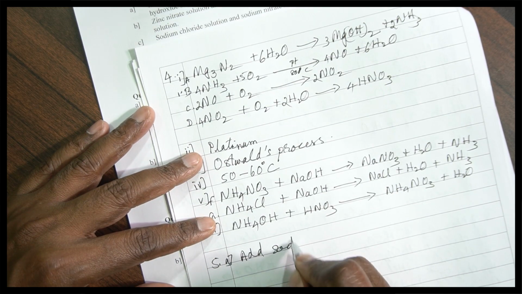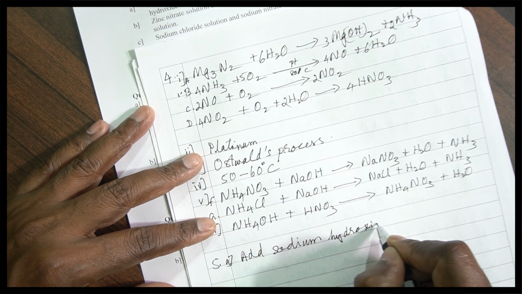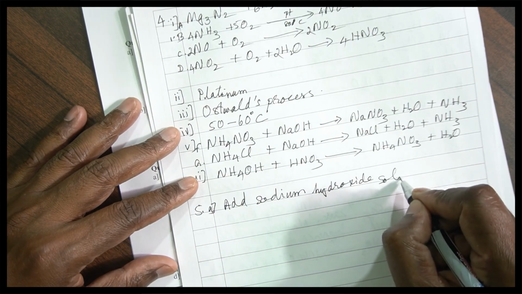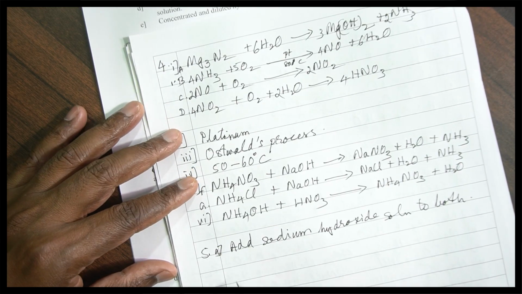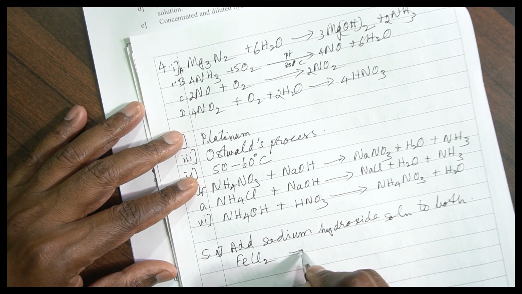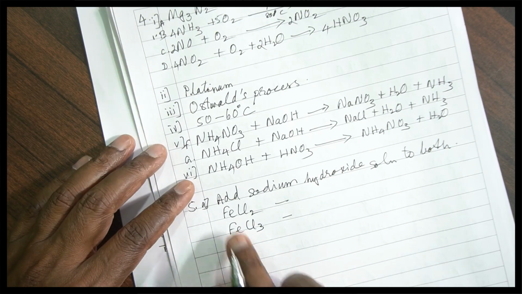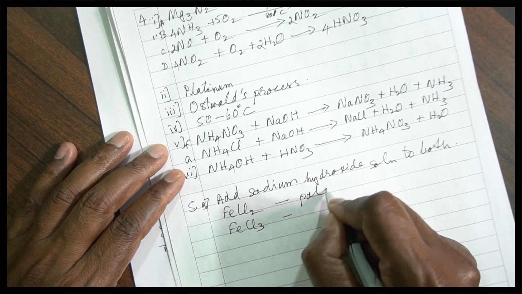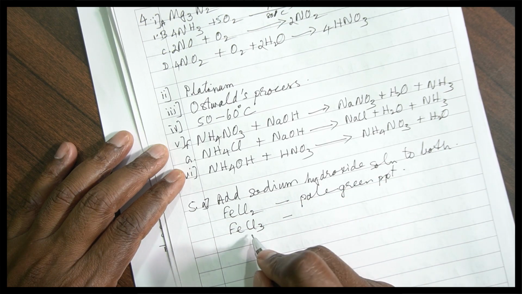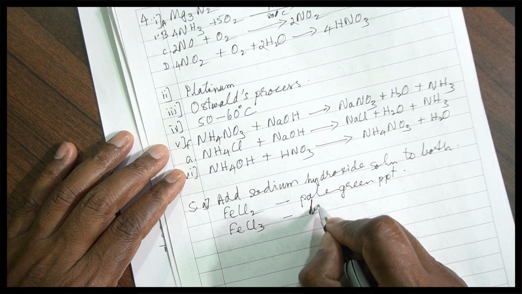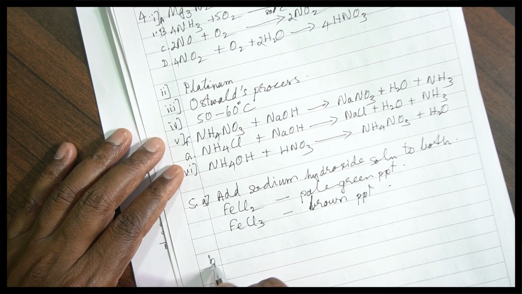Add sodium hydroxide solution to both solutions. Now iron 2 chloride, that is FeCl2, and the other one is iron 3 chloride, FeCl3. We have to give distinct observations in each case. This one gives a pale green precipitate. We have studied this under analytical chemistry. FeCl3 will give a brown PPT. That is done.